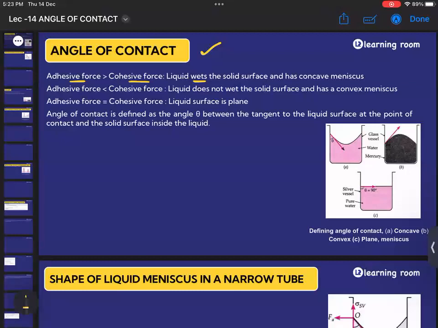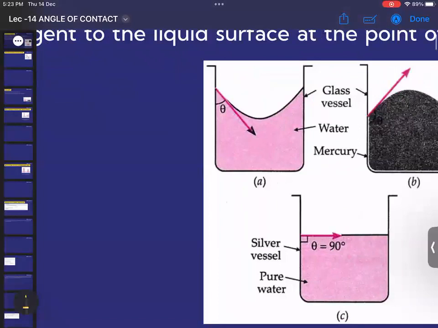For example, the option A. When you take water and pour it into a glass vessel, you will see a shape of this sort. Why is it happening? Because the adhesive force is greater than the cohesive force.